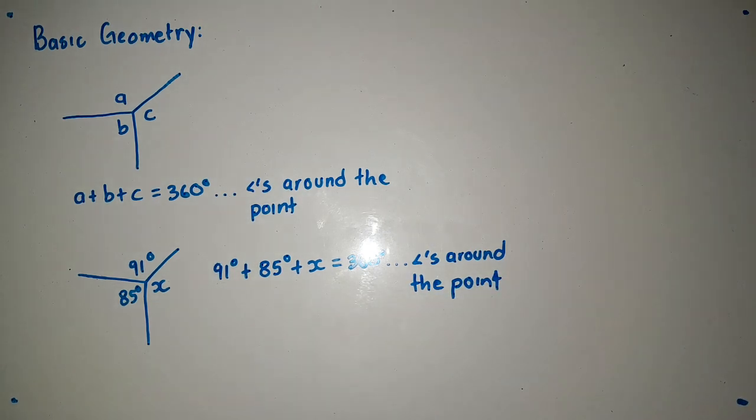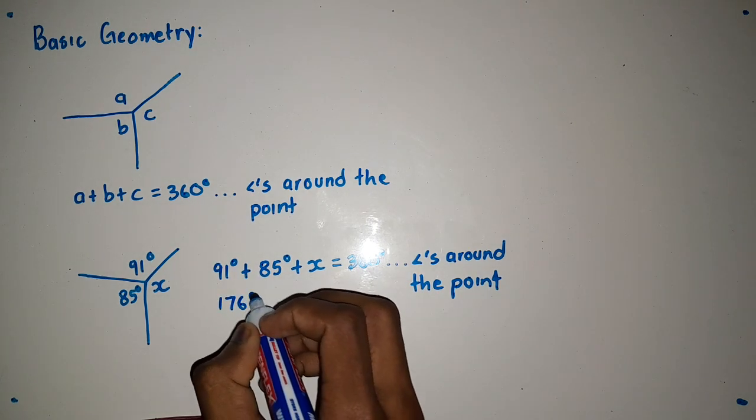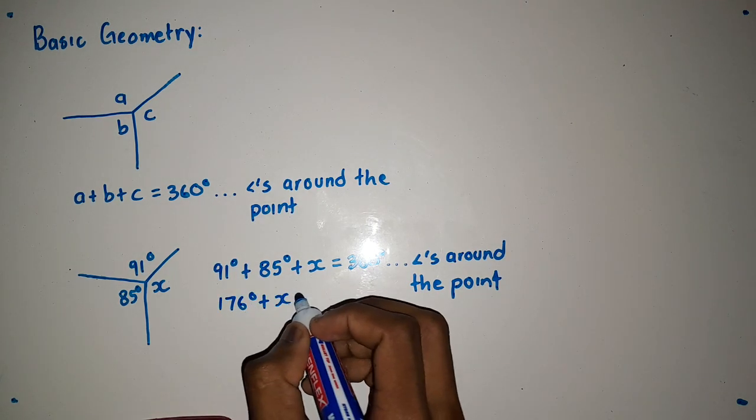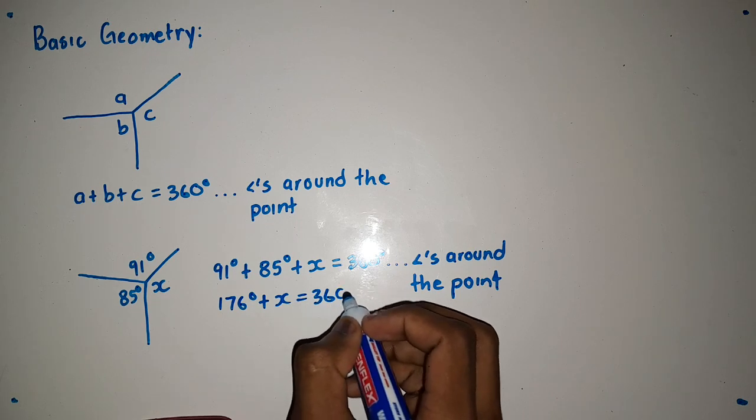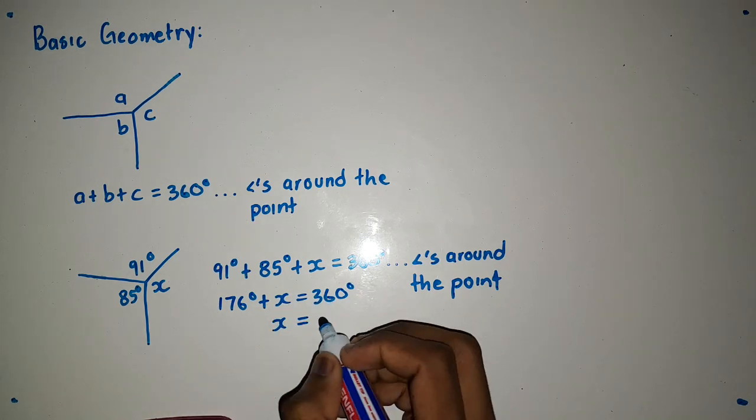Then let us add these two. We have 91 plus 85. You get 176 degrees plus x is equal to 360. Then you take 176 degrees to the other side.